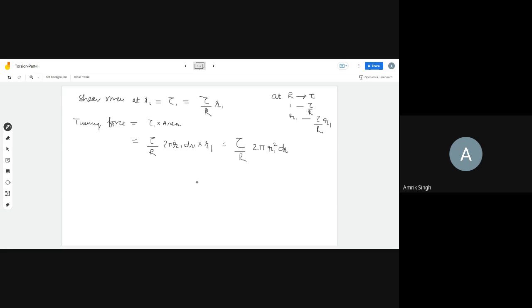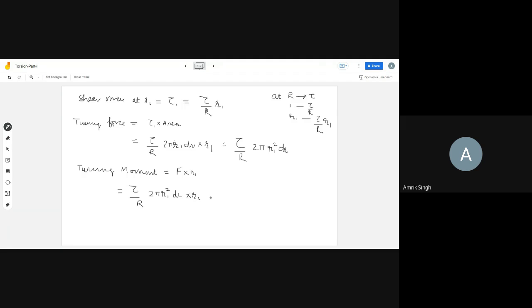So the turning moment will be force into r1. You can put the value of the turning force: tau upon R into 2 pi r1 square into dr into r1.